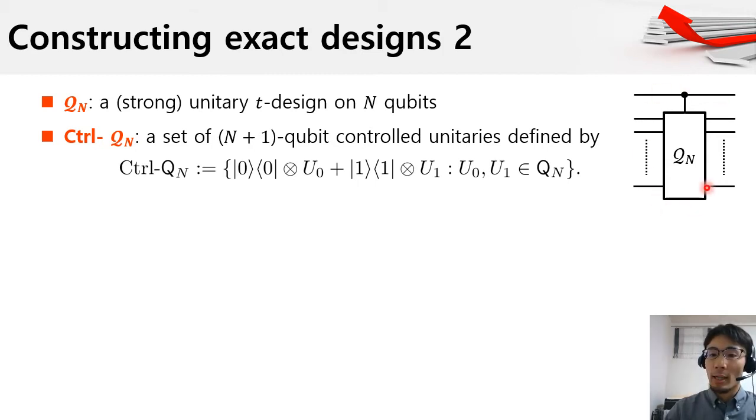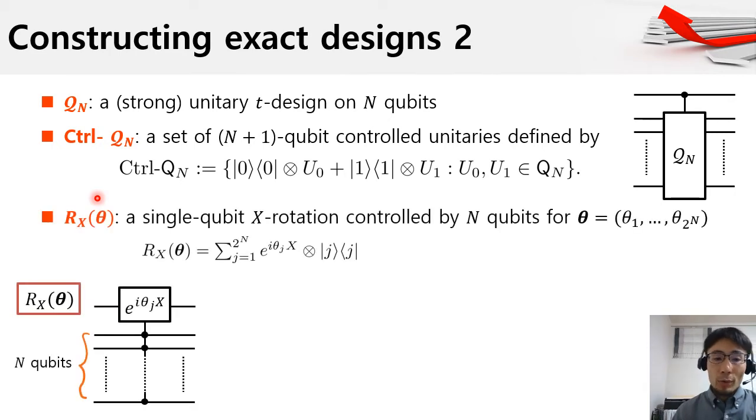Here is a quantum circuit of controlled Qn: depending on the first qubit, we apply a different unitary onto the rest of n qubits. Here is the definition of controlled Qn, where U0 and U1 are chosen uniformly at random from a unitary T design on n qubits. And finally, we want to introduce Rx of theta.